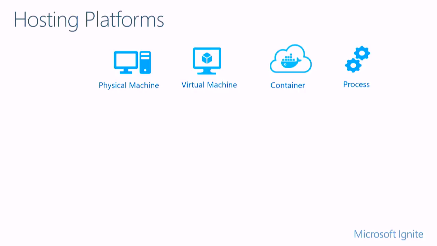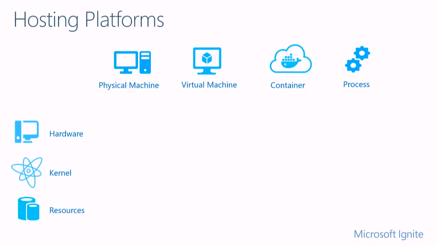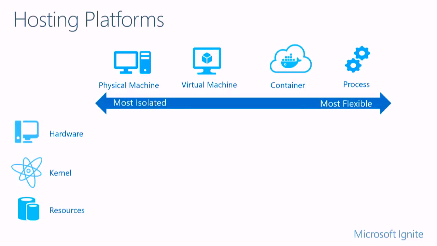Now, each of these mechanisms gives you a different level of isolation, maybe hardware isolation, kernel level isolation, or resource level isolation. So obviously, if you host a microservice within a physical machine and you dedicate that machine for that microservice, you get maximum isolation. Nothing is shared.